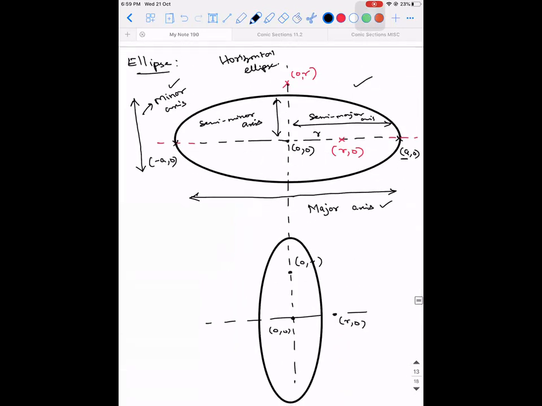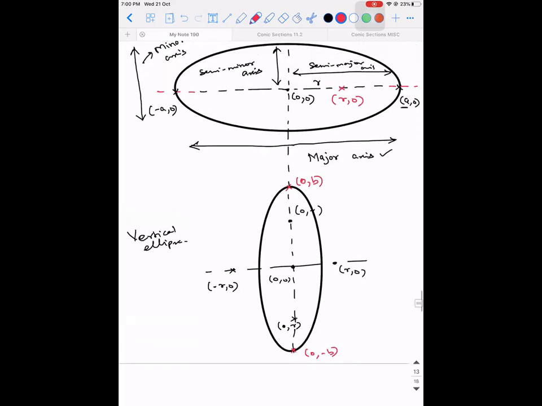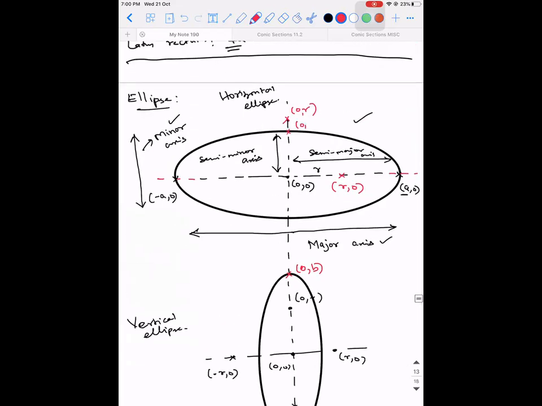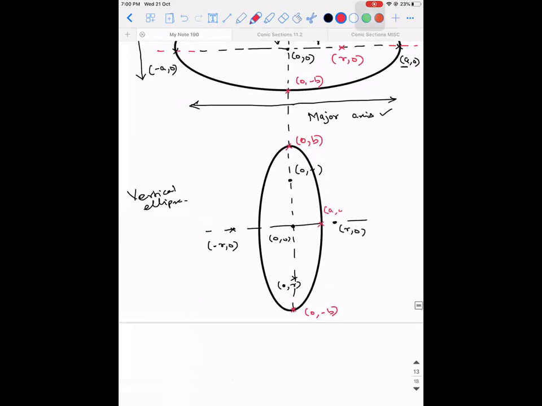Now, this is also called an ellipse, but this is called a vertical ellipse. Okay, this point was minus r, 0, and this point would have been 0, r. Right. So with respect to the initial points, those have changed, so that this point here will be 0, b, and here it will be 0, minus b. Similarly, here it will be 0, b, here it will be 0, minus b. Okay, and here it will be a, 0, and here it will be minus a, 0.